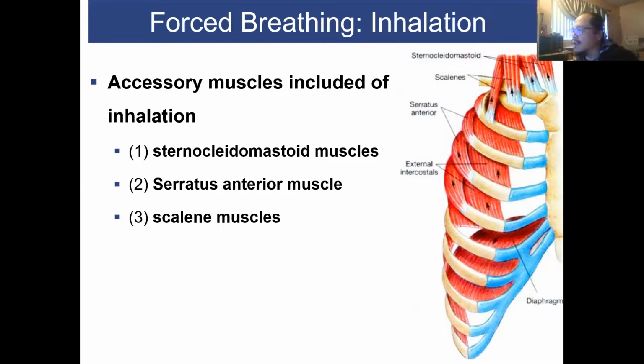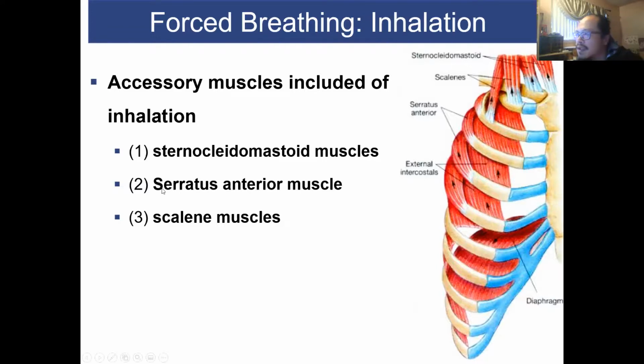So these 3 are the sternocleidomastoid muscle right here. Just by the name, you know that it is related to 3 bones. One is the sternum, one is the clavicle, one is the mastoid. So those are the 3 ends of this muscle.